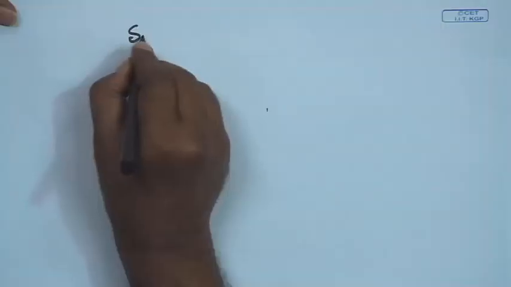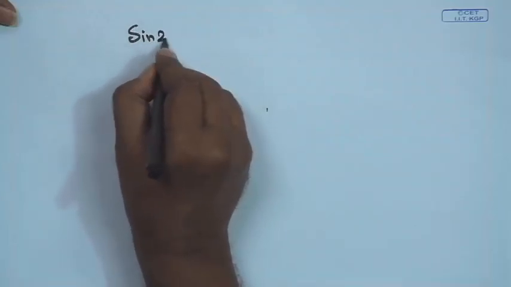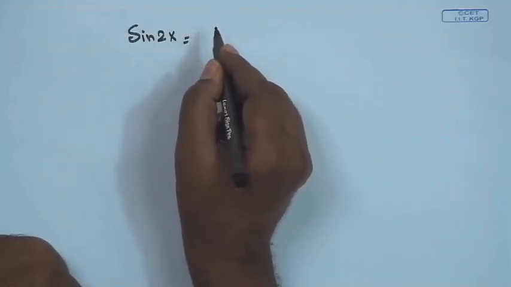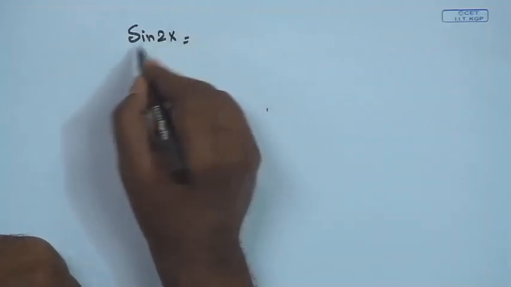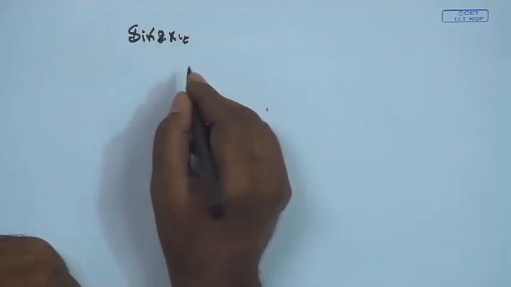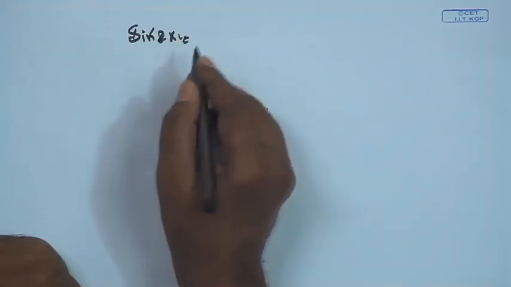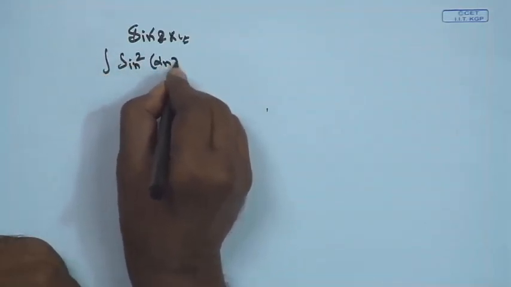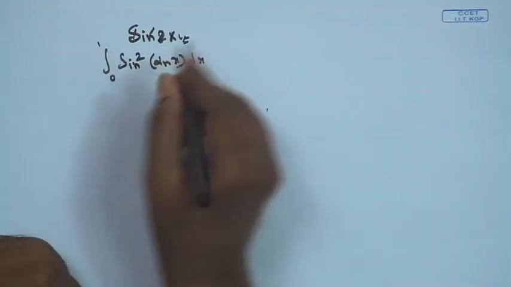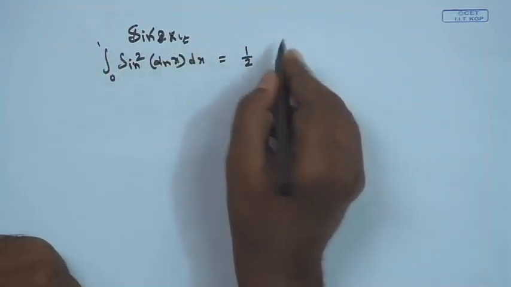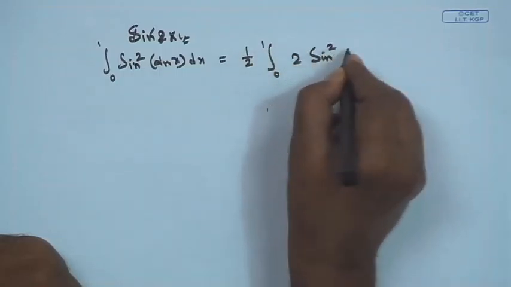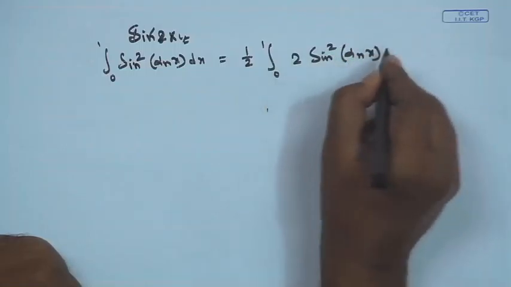So, let us look into how this can be evaluated, utilizing the function cos 2x. The integral of sin squared alpha n x dx from 0 to 1 is equal to half the integral from 0 to 1 of 2 sin squared alpha n x dx.